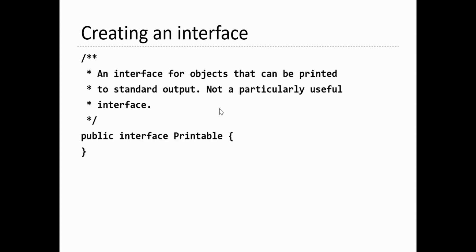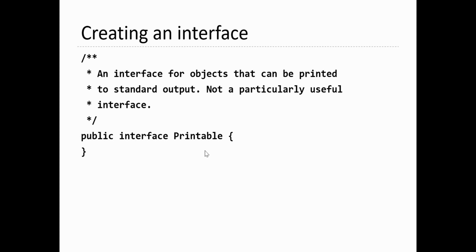So we can make a not very useful interface called printable. Printable is just an interface for objects that can print their contents to standard output. This isn't very useful because every object already has a toString method, so it's easy enough to print something.